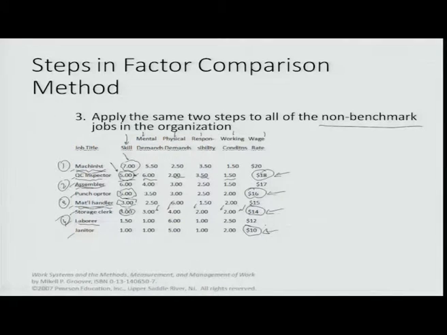So you are basically comparing with the existing scenario of the industry, the available norm of the industry based on certain benchmarks, whatever number of jobs you have, and in that manner you could actually rank the importance of the job levels.